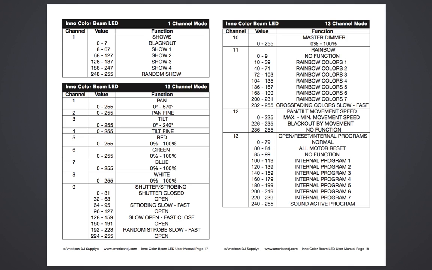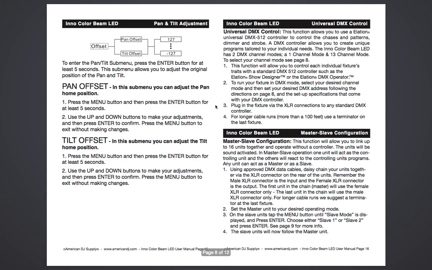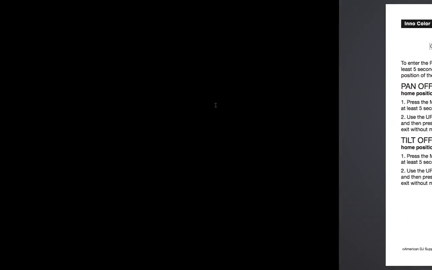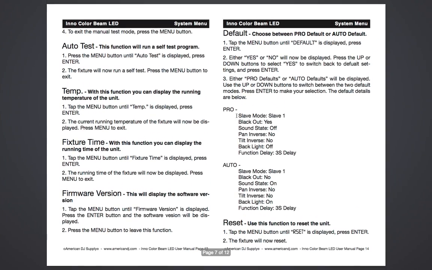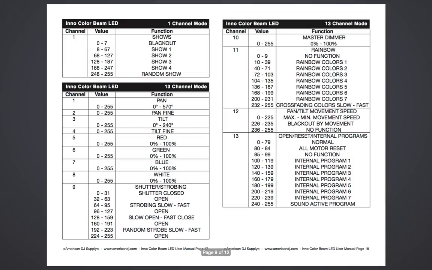Next we have our internal programs. So our internal programs, we have the normal, motor reset, no function. So I just want to go internal program 1 through 7. And then sound active. So we have 100, 120, 140, 160, 180. So basically, it's in multiples of 20.